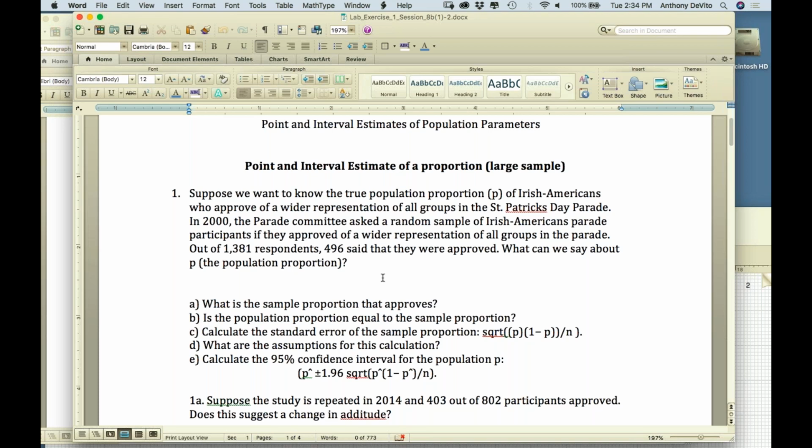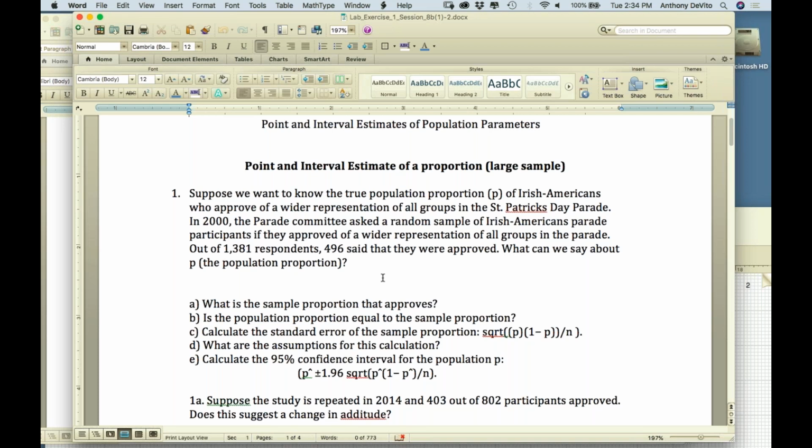So in 2000, let's say we go back roughly 20 years, and we want to survey people that are actually in the parade, to see how they feel about a wider representation of all groups in the parade. Okay, so these numbers are fake, right? They don't really represent a real survey. But let's say you randomly sample 1,381 people in the parade, whatever way that you organize this sample.